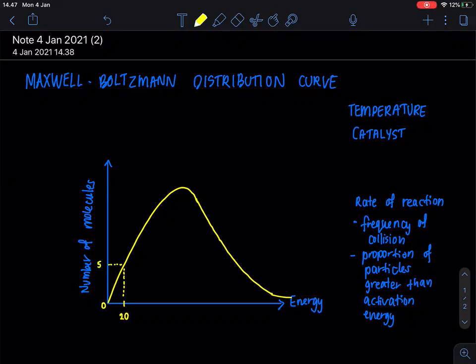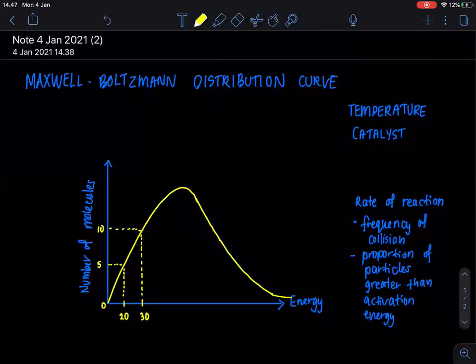Imagine 5 molecules having 20 kilojoules in this sample. And as you move up, let's say this is 30 kilojoules, you can see that around 10 molecules have the energy of 30, and so on.